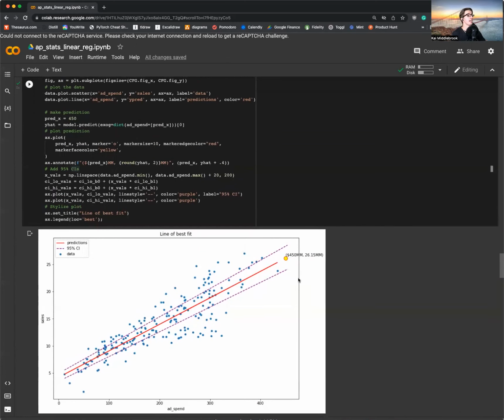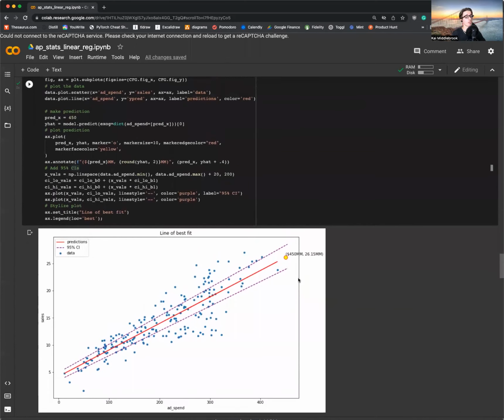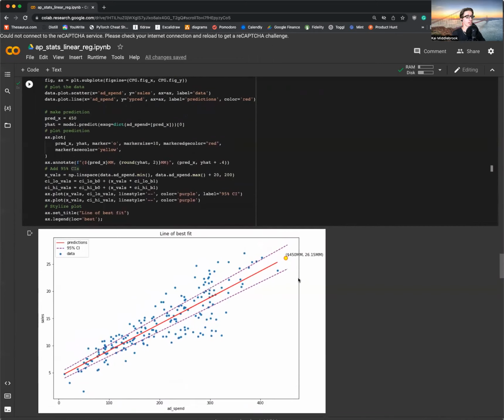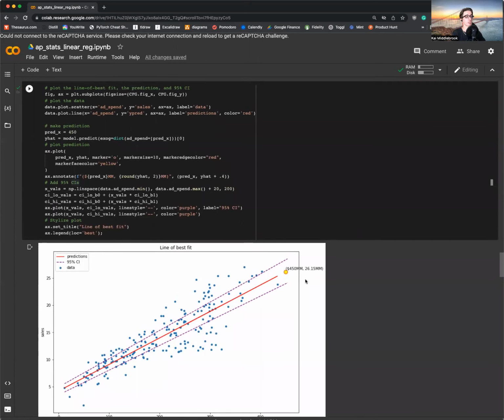Awesome. So now we've answered our first problem that we set out to do in this episode, which is to fit a linear regression to a problem. In this case, we fit a linear regression to Apple sales data and ad spend.